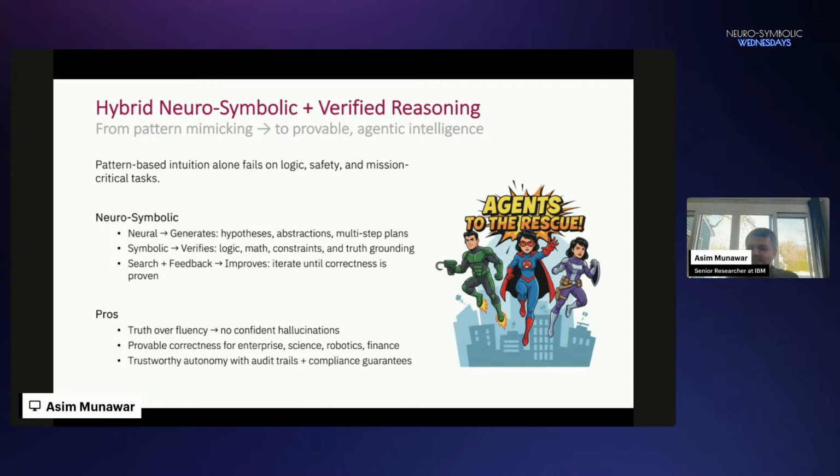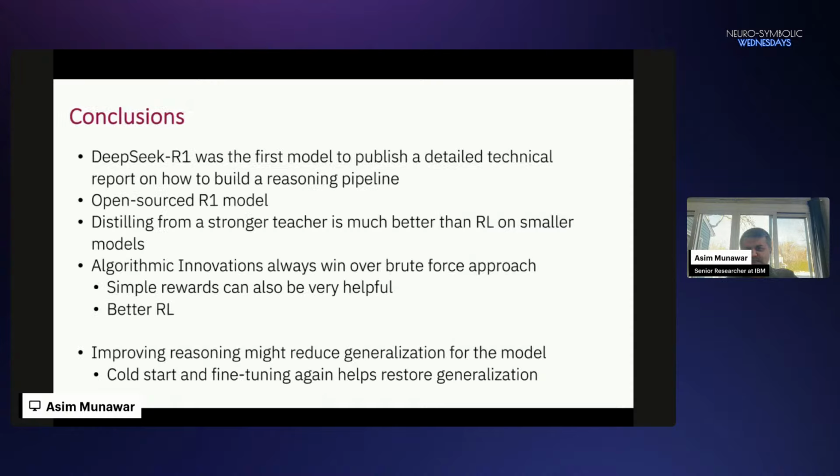And then, as we know, agents usually have validators, verifiers, which can reflect on their own output until we reach some level of proof or correctness that the agent is satisfied with. So this is a question mark whether agents is the right direction. And then this is the last slide.